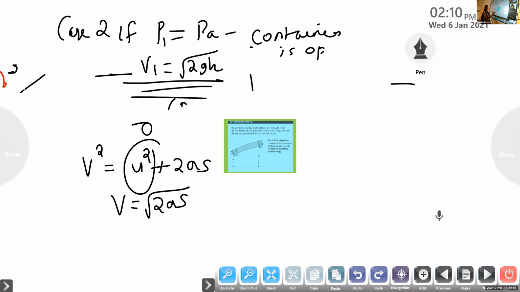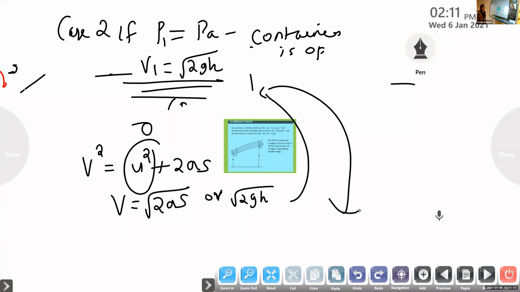Similarly, for a body moving upward or downward, in the third equation of motion you get 2gh if u is 0. So you are getting an analogy here. That is why Torricelli says that the flow of a fluid from a particular height can be considered as a freely falling body. So you are combining solid mechanics and fluid mechanics here.